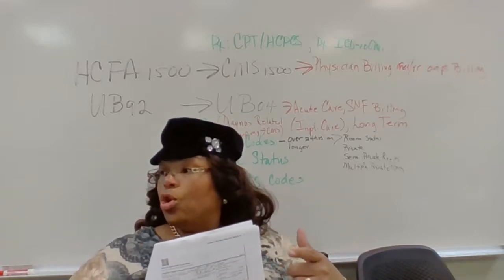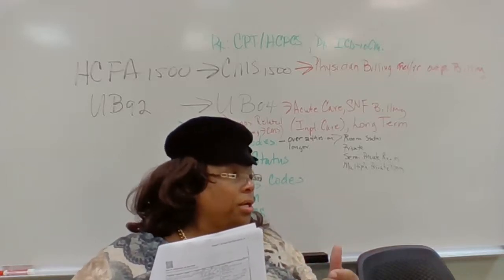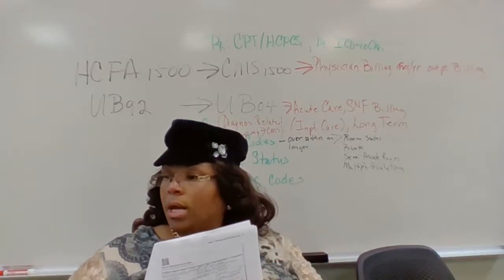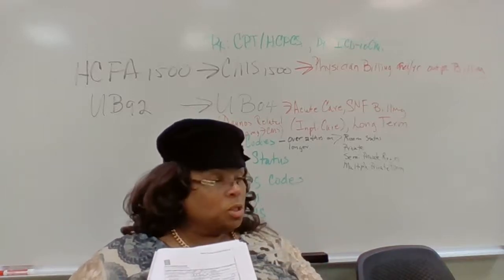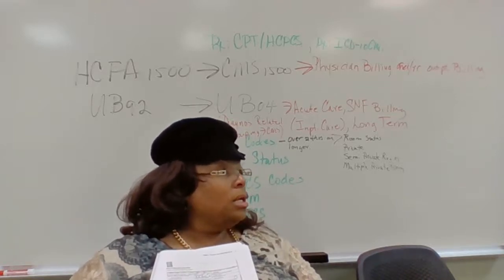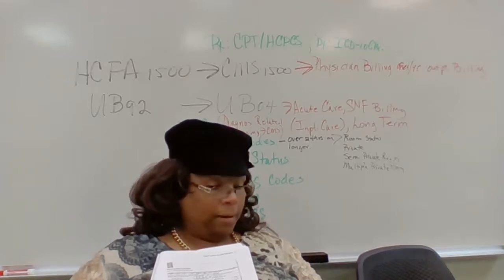It's going to have the group number that is significant to the subscriber's employer. And it's going to have the subscriber's name. When I say subscriber, I am speaking of the person who is the actual employee of the company that has enrolled into that insurance plan.